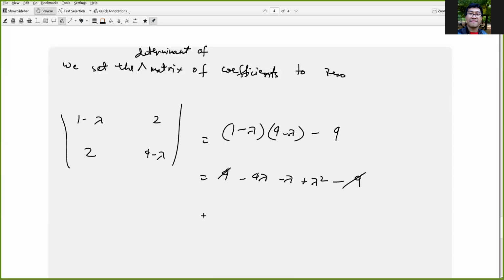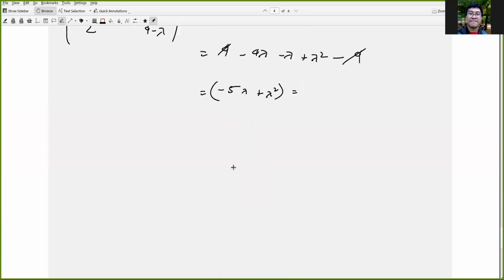The 4 cancels. So you have negative 5 lambda plus lambda squared equals lambda times lambda minus 5 equals 0. So the solutions are lambda equals 0 and 5.